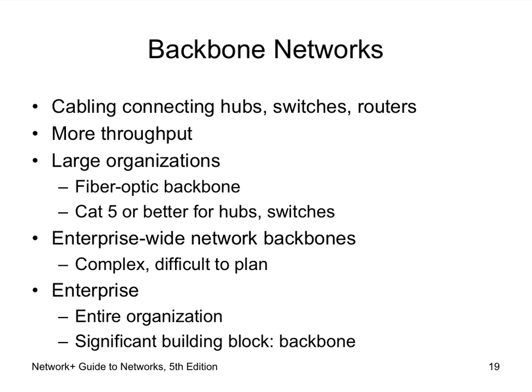And so cabling, by connecting hubs, switches, and routers, you get more throughput, used for large organizations. And one of the backbones is fiber, much more expensive, but can go longer distances. Cat5 is usually used for hubs and switches.